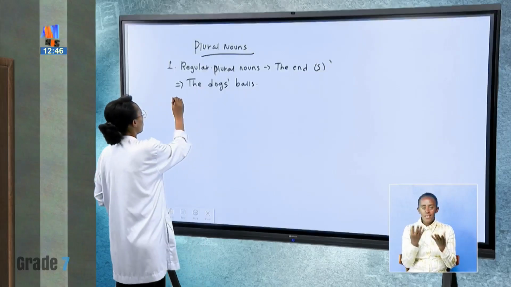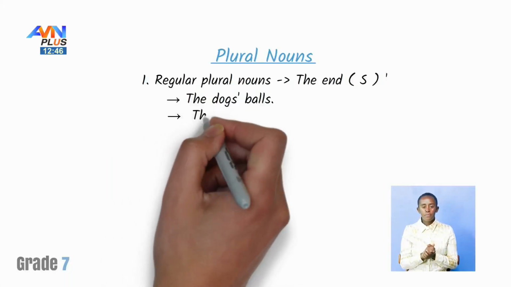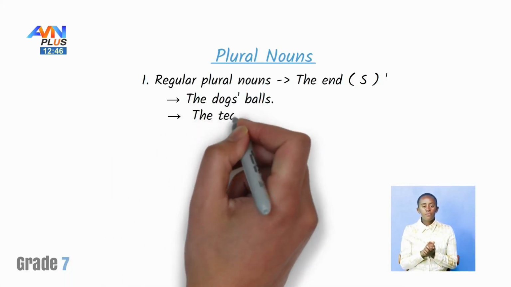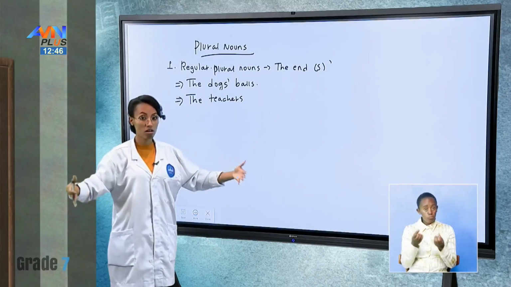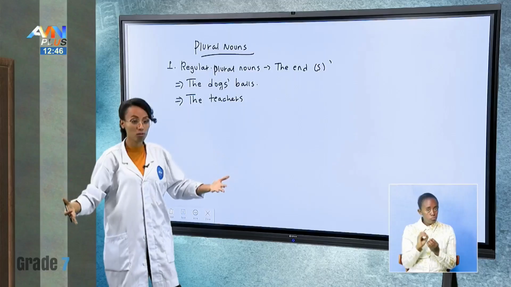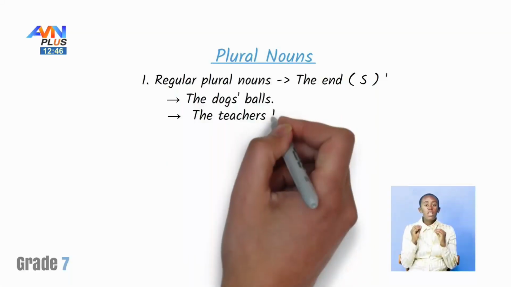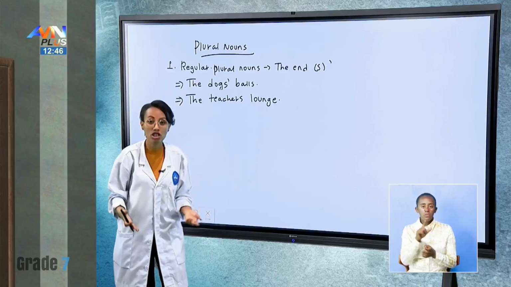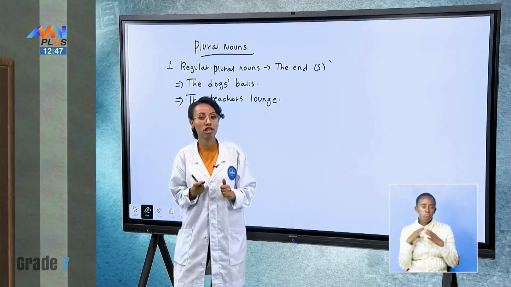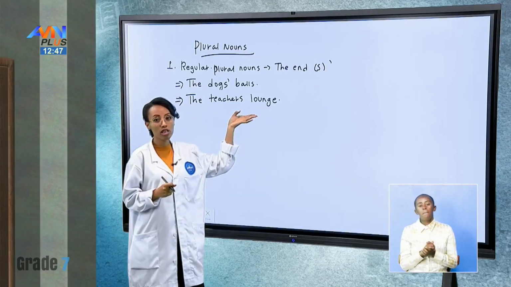Okay. Again, the teachers'. Here teachers are not one, but a lot of them. The teachers' lounge. The place where teachers sit and relax after their class is a place called a lounge.